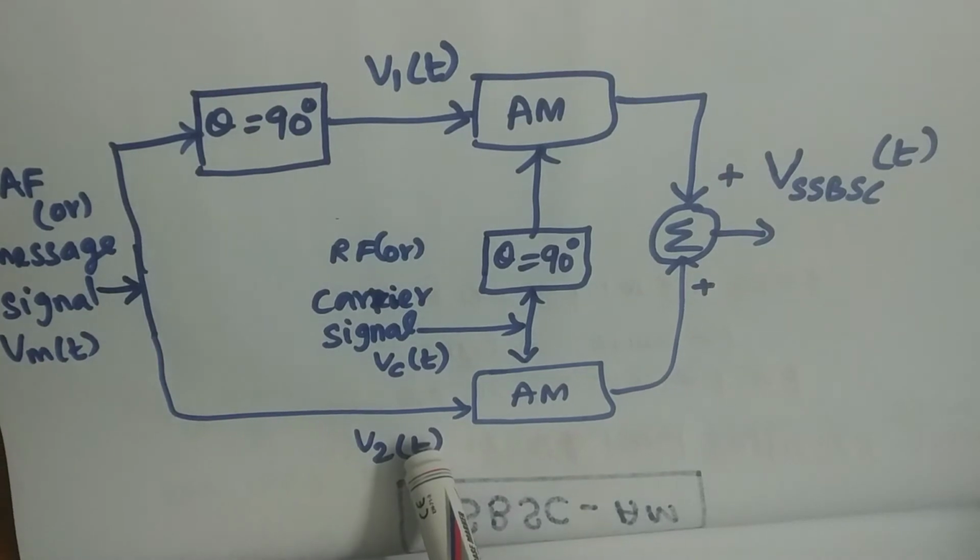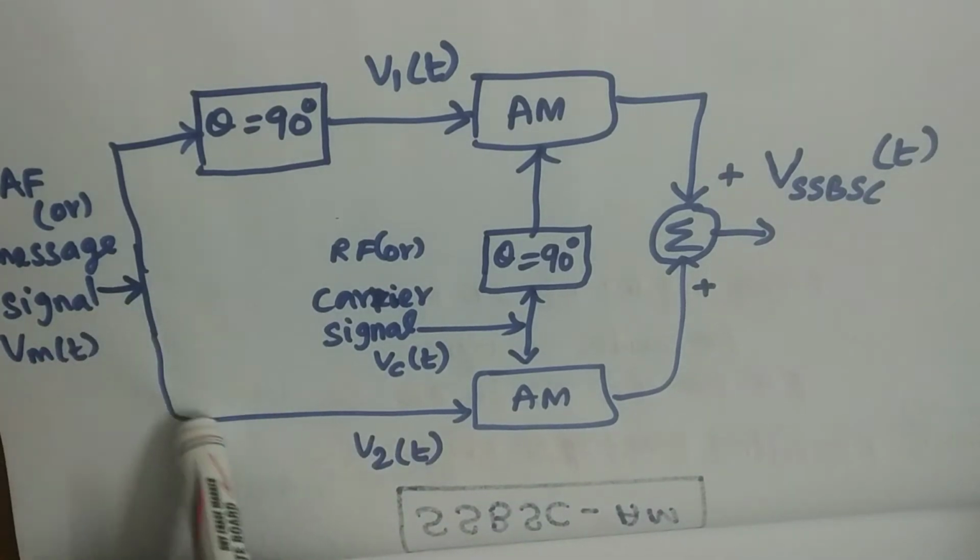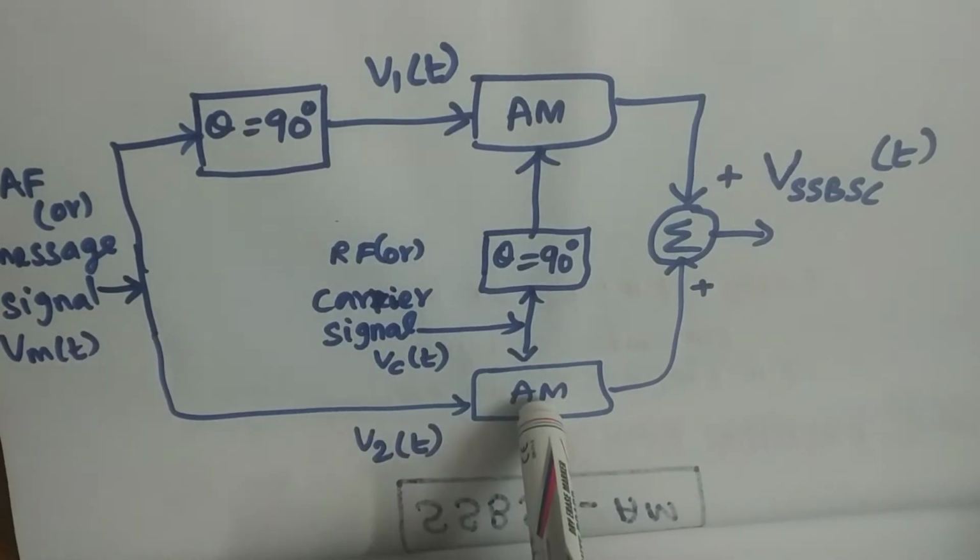Then V2 of t is the multiplication of Vm of t and Vc of t. In order to suppress one of the sidebands, the input signal fed to modulator 1, the upper modulator, is 90-degree phase shifted with the message signal and the carrier signal.